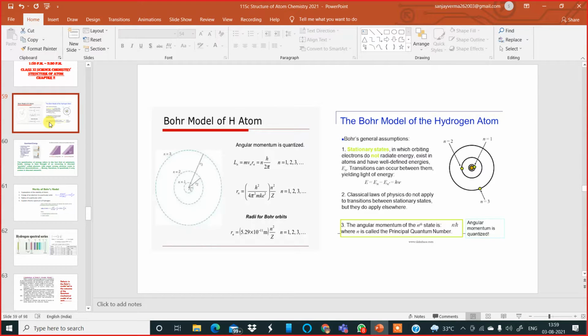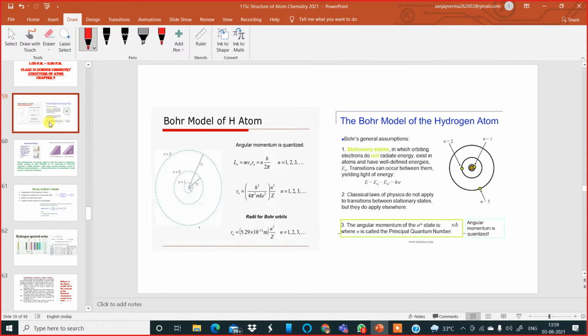An atom is spherical. Electrons are there in various orbits, r1, r2, r3. When electrons are revolving around the nucleus, there is an angular momentum possessed by the electrons.